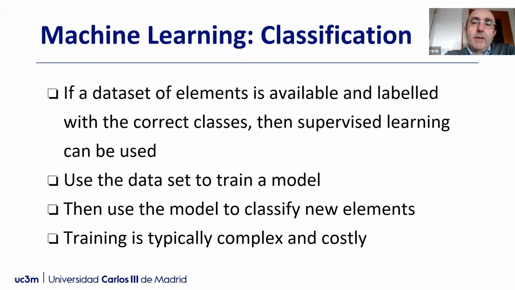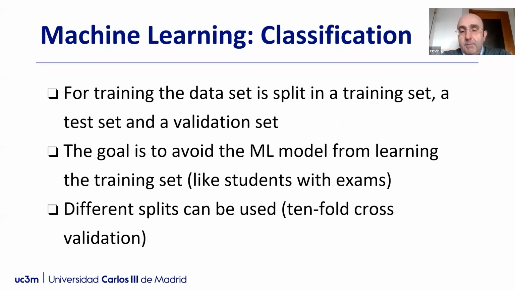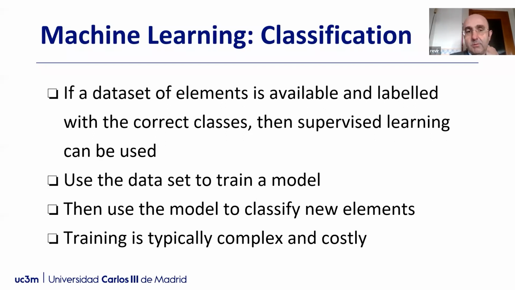So I have a ground truth of a subset of the possible elements for which I know the result. With those, I train a model, or I compute a model, which is typically called training. It depends on the model, as we will see. And then once I have built my model based on that data set, I can present it with new data, with new elements, and it will do the classification.